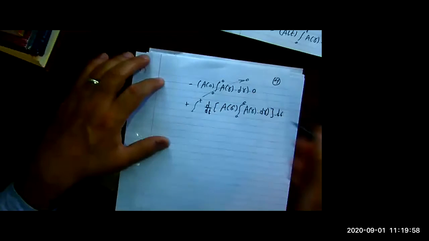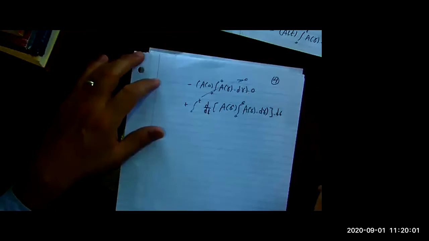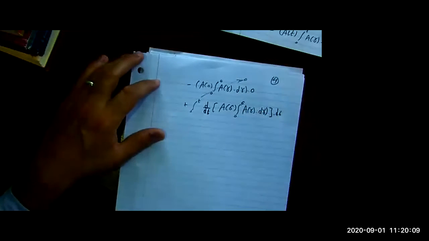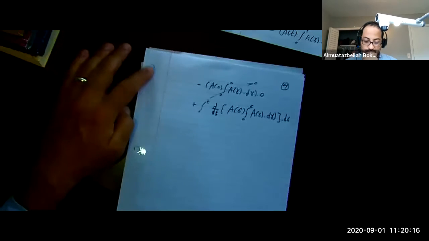I think it's a differentiation of a of sigma square, so it's 2 a of sigma. No, that's not true. Product rule.